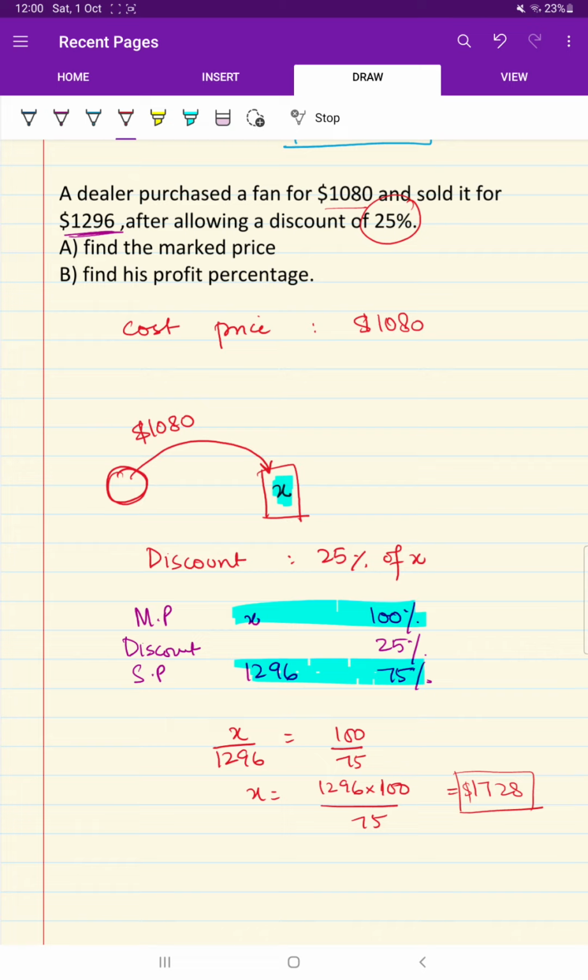But to me, it's the mark price that I see. I will get a discount on that particular price, not on what the shopkeeper bought it at, right? So here also, the shopkeeper bought it for 1080, but he will give a discount on this, right? And of course, nobody is buying it at 1728. Whoever bought the fan bought it for 1296.